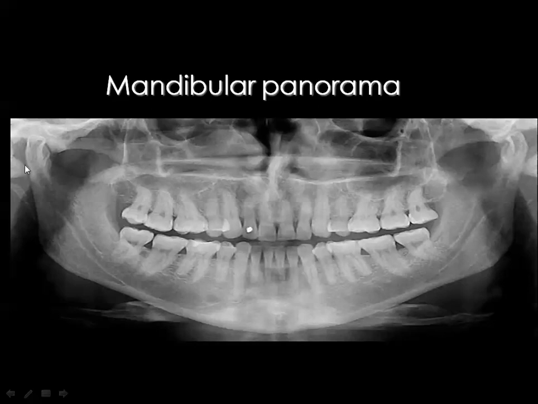And you can also have a very good idea about the teeth, whether in the mandible or in the alveolar margin.